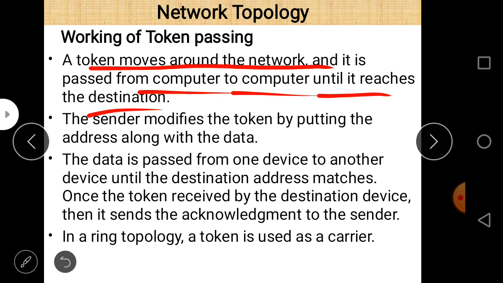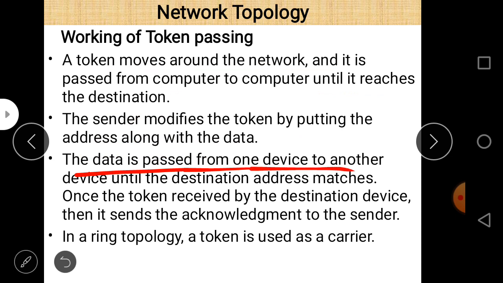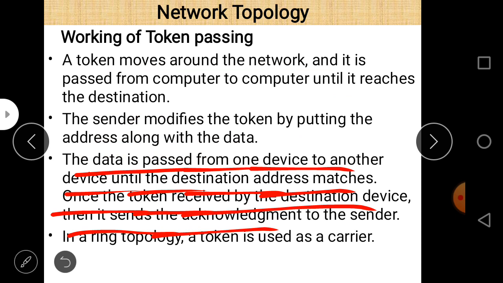The sender modifies the token by putting the address along with the data, the address of the destination computer or node, and the data is passed from one device to another until the destination address matches. Once the token is received by the destination device, an acknowledgement is sent to the sender.